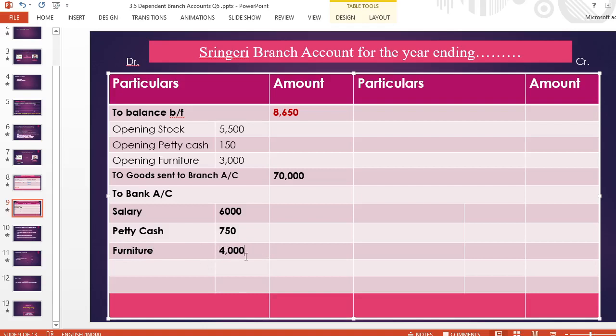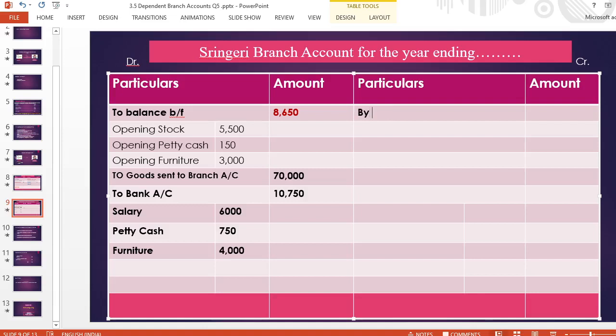So I'll write head office payment for furniture also. Now I'll consider the total: 6,000 plus 750 plus 4,000. So the total is 10,750.